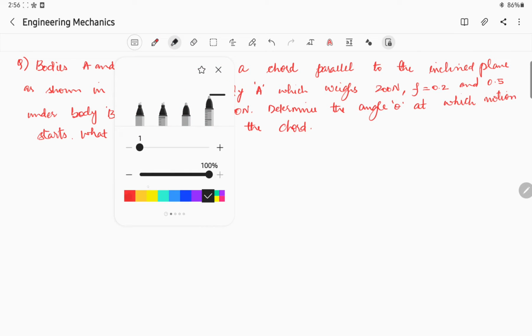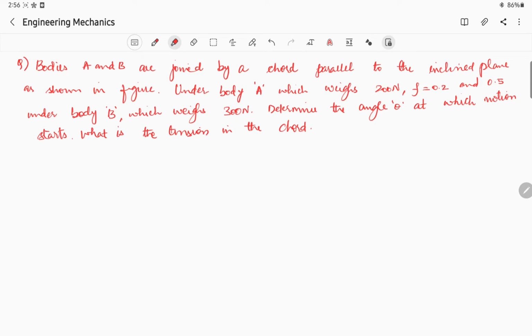The given figure is in the question itself. Whatever I am drawing with red color is actually given in the question. We have two blocks.